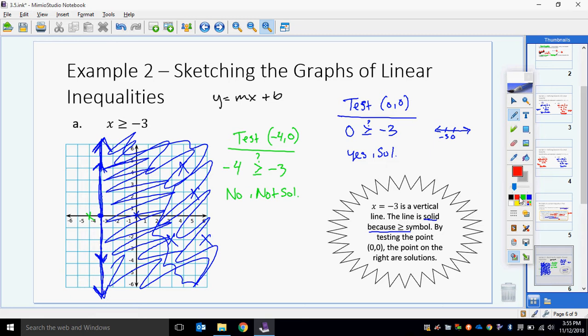Let's pick a number on the line, like this one right here. That's -3, 1. If I plug in -3 for x and I test, is it greater than or equal to -3? Yes, it is. It's a solution point. It's part of that line. So think of this as a closed circle. We had open circle and closed circle. This one's a closed circle, which also means a solid line.